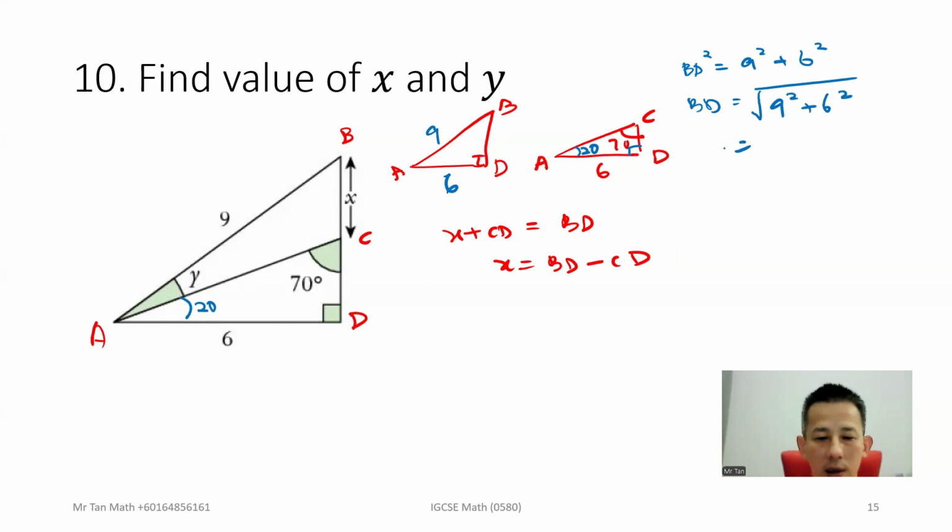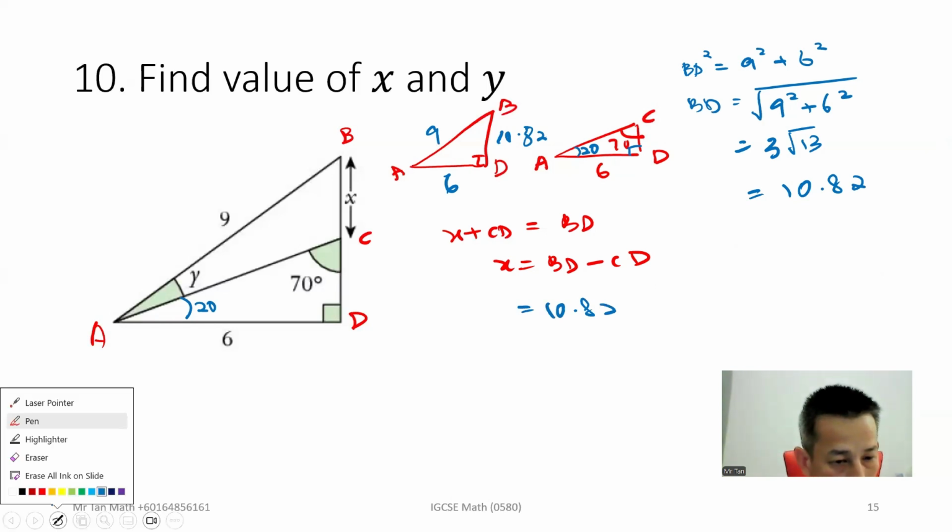You should get 10.82. If you have any problem to use the Pythagoras theorem, you can refer to my video. I will put a link in the description. Okay, so this will be 10.82. So x is equal to 10.82 minus CD.